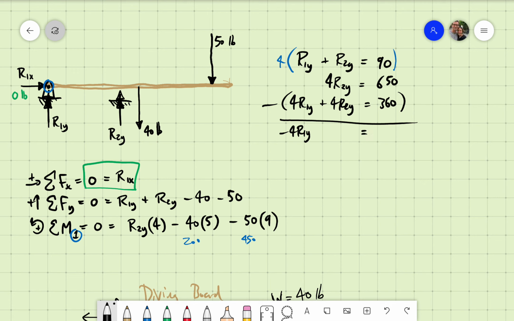The R2y terms cancel. 650 minus 360, that makes my brain hurt just a little bit, but it is 290. You were probably way faster than me there. Did I get that right? I think I did.